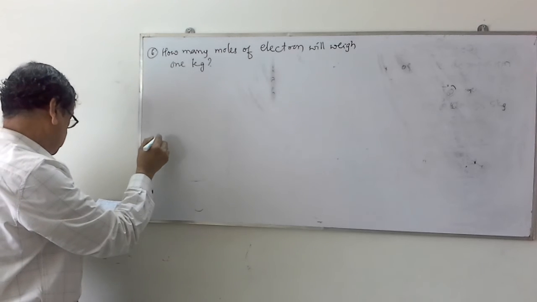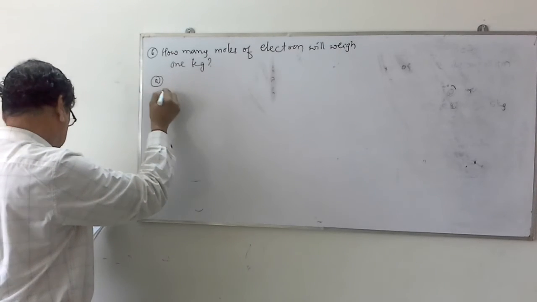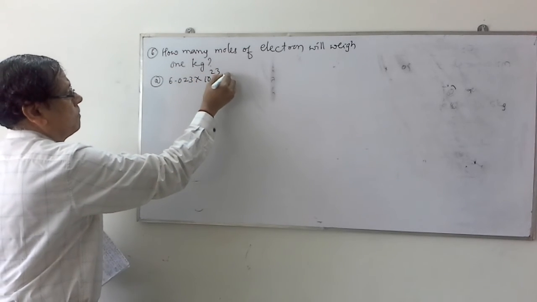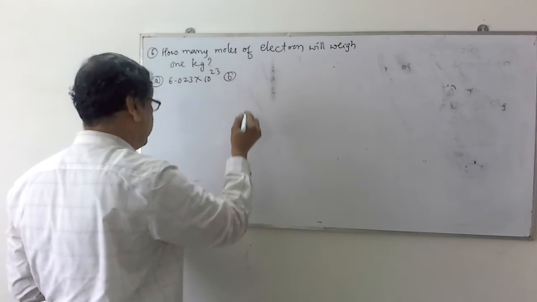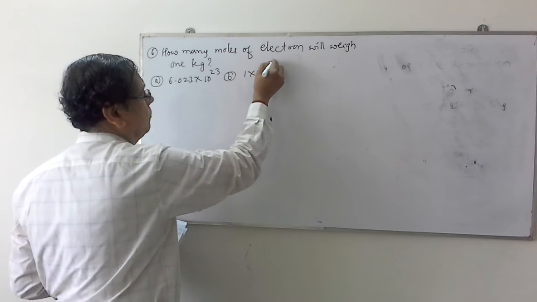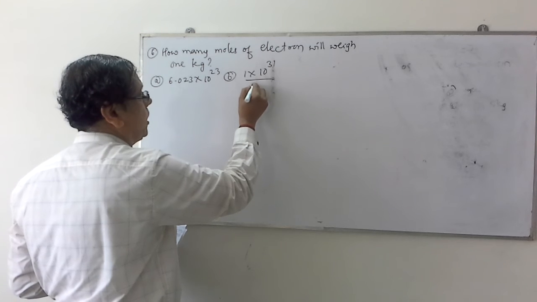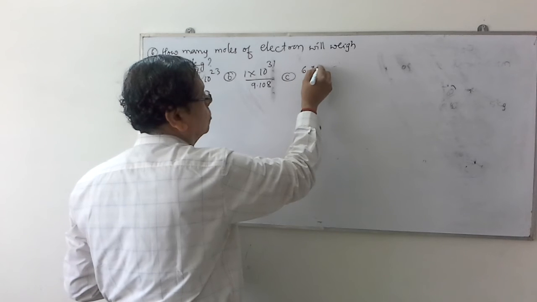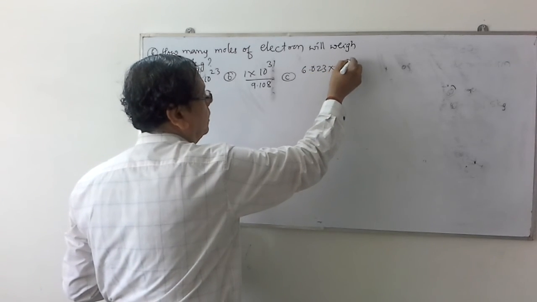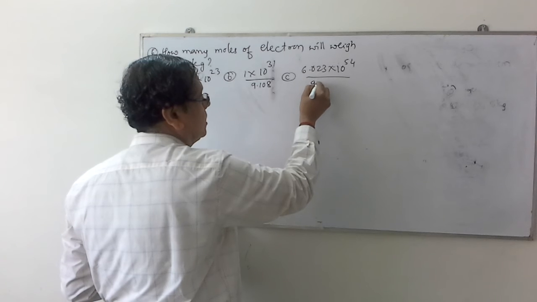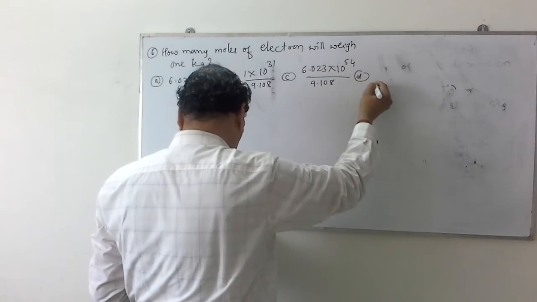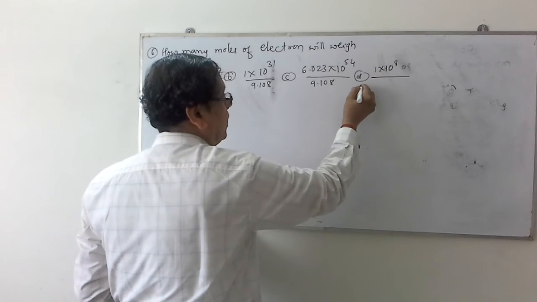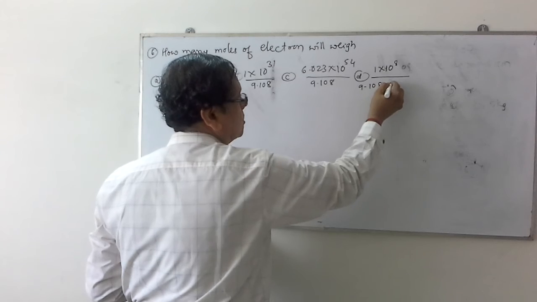So the answers given are: option A, 6.023 into 10 to the power 23. Option B, 1 into 10 power 31 divided by 9.108. Option C, 6.023 into 10 power 54 divided by 9.108. And option D, 1 into 10 power 8 divided by 9.108 into 6.023.